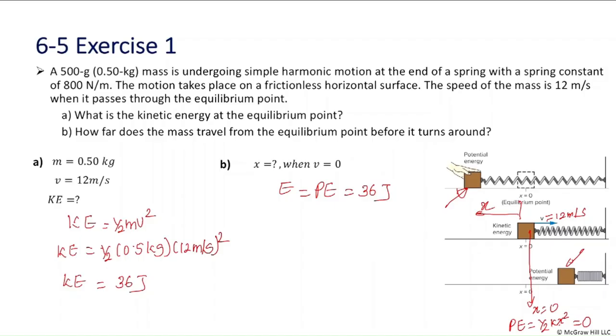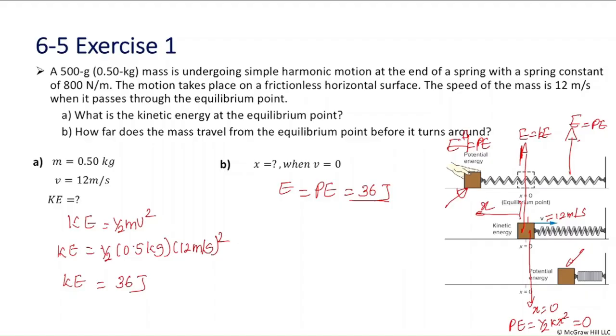The total mechanical energy at this equilibrium point is equal to the mechanical energy at these stretched and compressed points. So these energies are equal. And at the equilibrium point, we have only the kinetic energy, and at these points we have only potential energy just before it turns around. Therefore, at this point, mechanical energy is just the potential energy, which is equal to the kinetic energy, which is 36 joules.